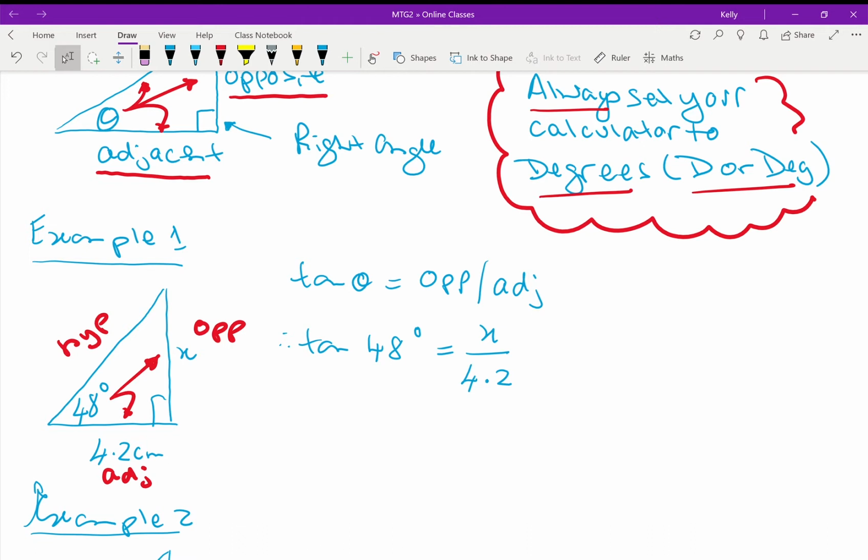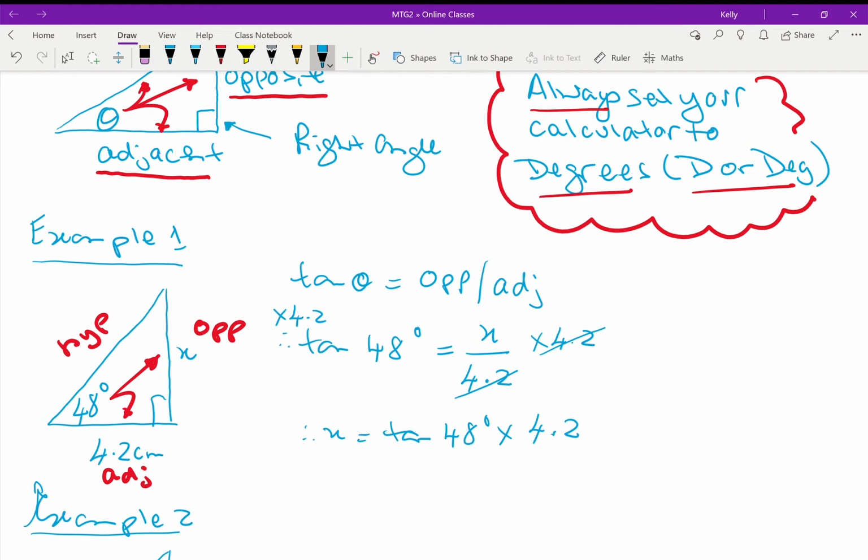So the 4.2 is my problem. If I multiply both sides by 4.2, then the 4.2 will cancel out on the right-hand side and just leave me with x. So I rewrite it as, therefore, x is equal to tan of 48 degrees multiplied by 4.2.